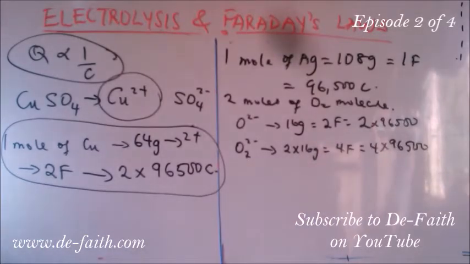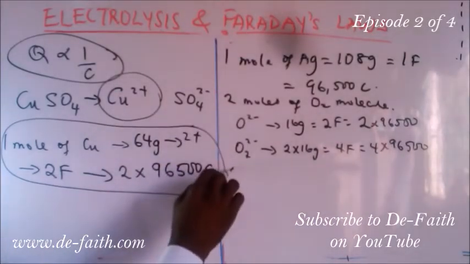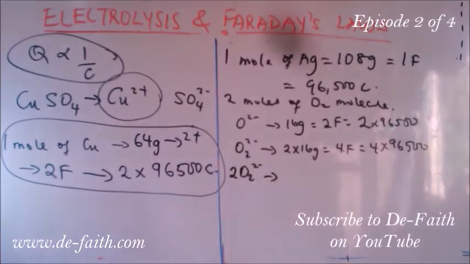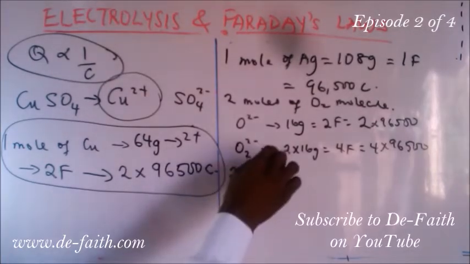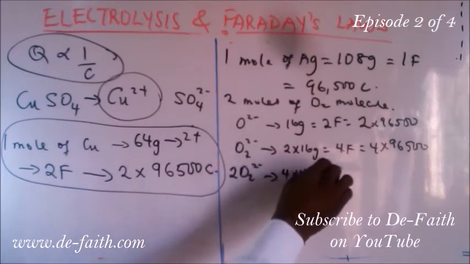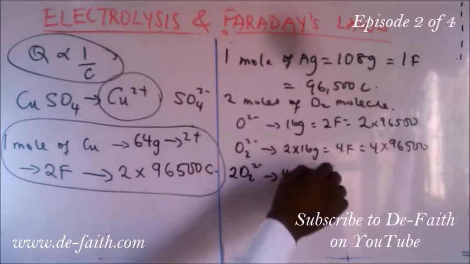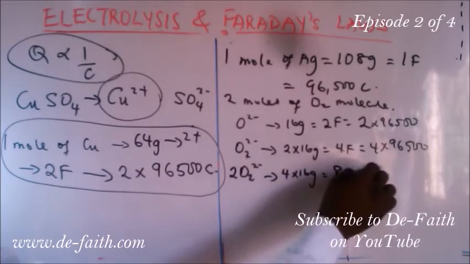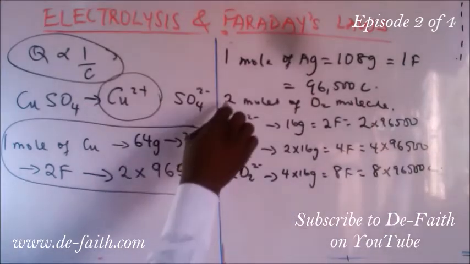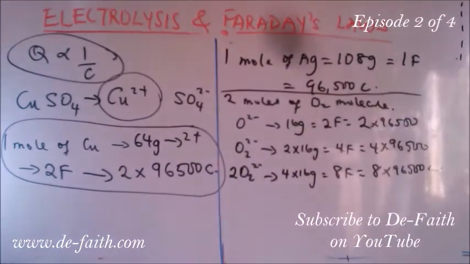And when we have 2 moles of oxygen molecule, here it was 2 times 16, it will now be 4 times 16 gram, which is 4 Faraday, which will now be 8 Faraday, and that is 8 times 96,500 coulomb. We need to build this relationship very well.